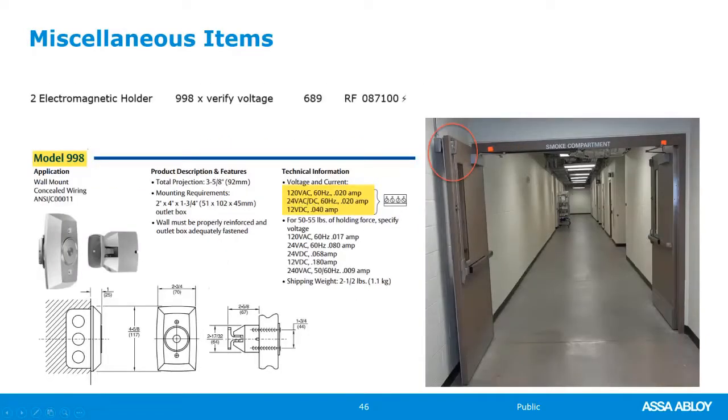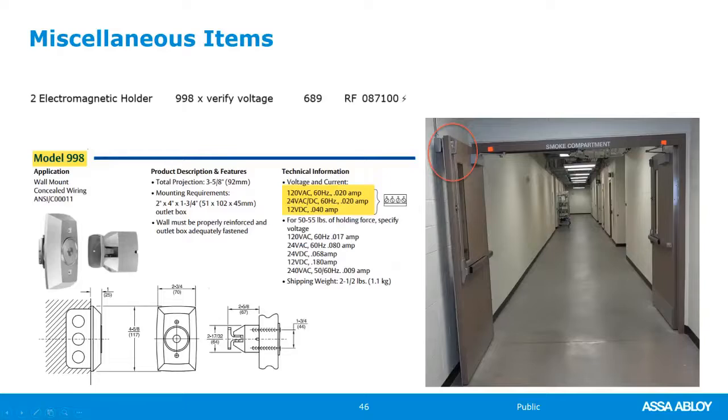And the magnetic hold open, the 998 has a 1-inch projection with a 2 5/8 armature, which is pretty standard for a 90-degree open door like this. Sometimes you may need a deeper one. This one has the junction box surface mounted on the wall, and the conduit and everything is surface mounted, but this works nicely if it's got a junction box that's recessed or surface mounted.